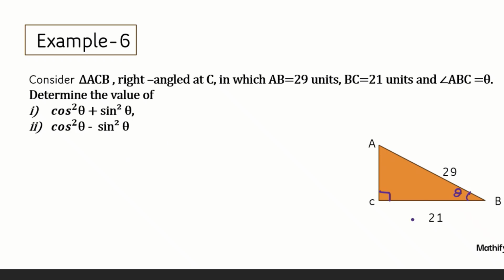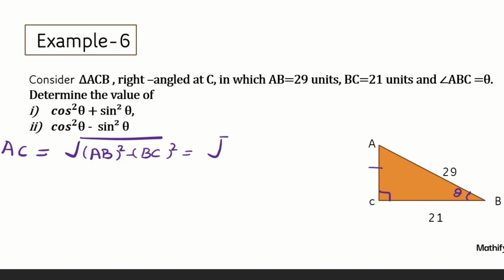First of all, we will find the side AC. How are we going to find side AC? With the help of Pythagoras. So side AC will be equal to the square root of AB square minus BC square. AB is 29 square minus BC is 21 square.